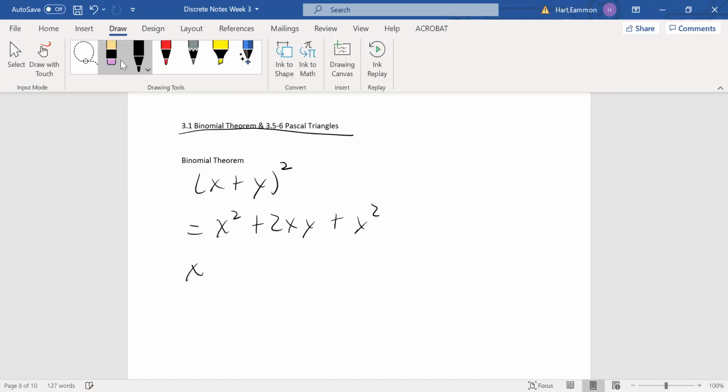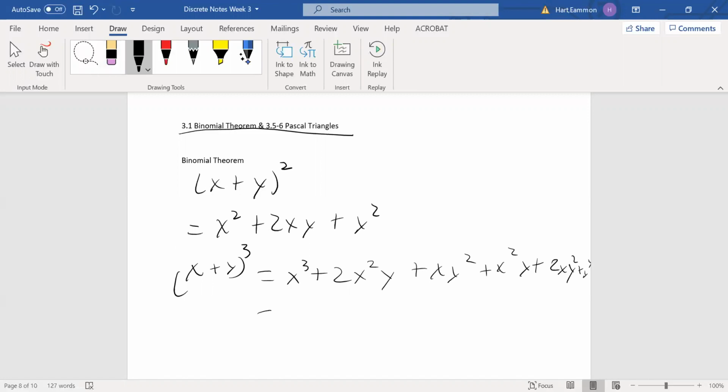Now x plus y cubed. It's going to be x plus y times this thing. So that's going to be x cubed plus 2x squared y plus xy squared plus x squared y plus 2xy squared plus y cubed.